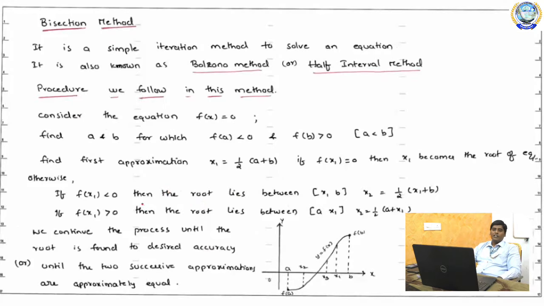Bisection method. It is a simple iteration method to find the solution for an algebraic or transcendental equation. It is also called the Bolzano method or half interval method.